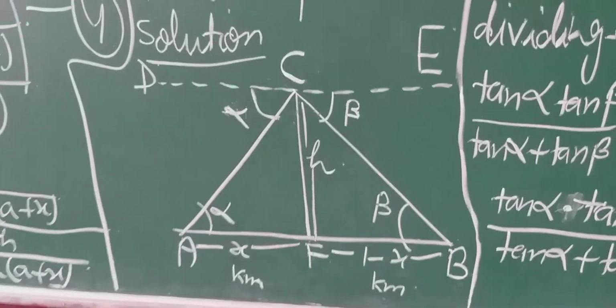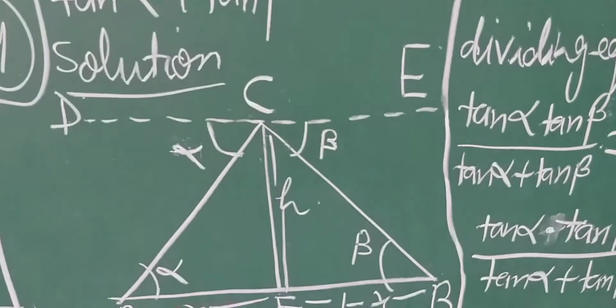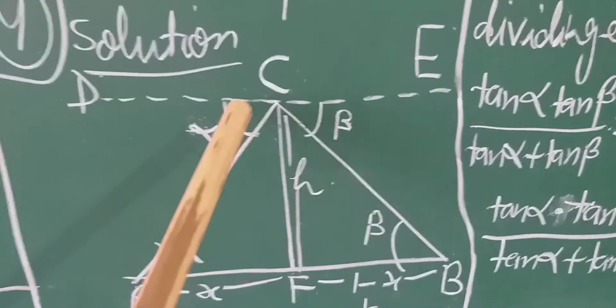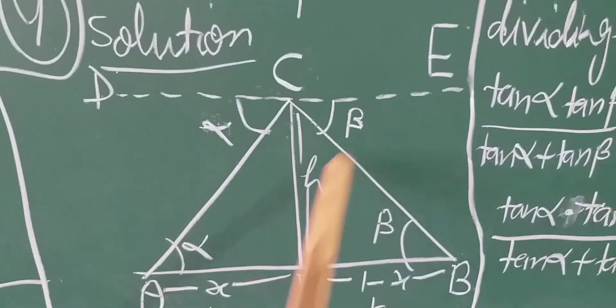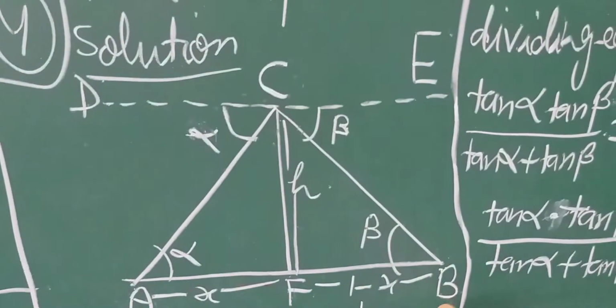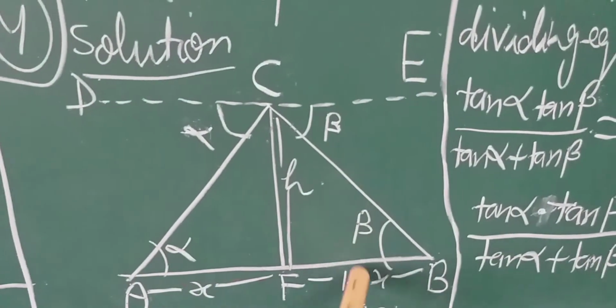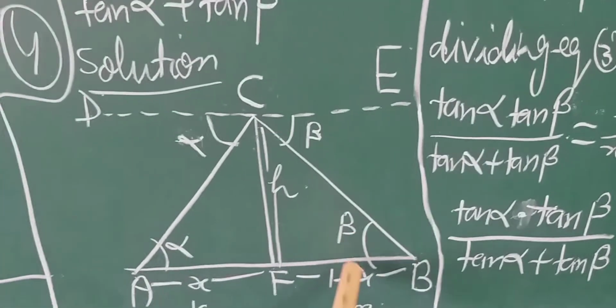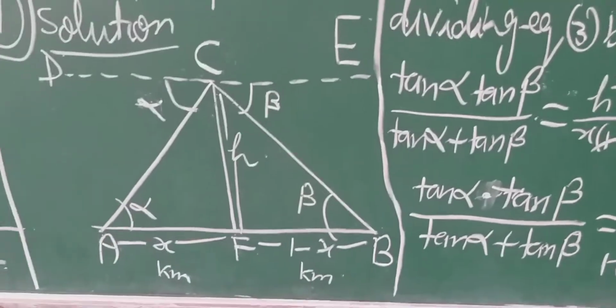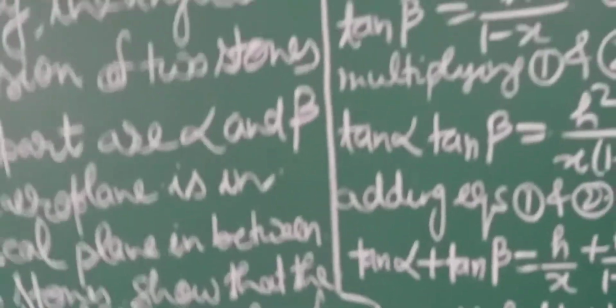Correct, students? So now student, DCA is alpha. So this angle equals to angle A, alternate interior angles. Similarly, angle ECB equals to angle B, because alternate interior angles. So angle B will be beta. So all this information we have to write first.